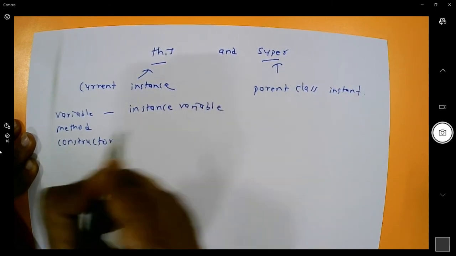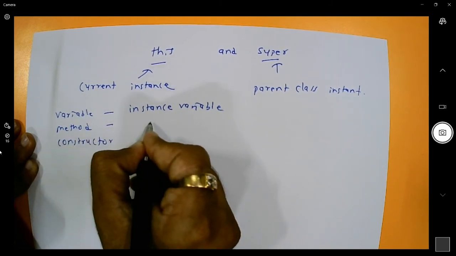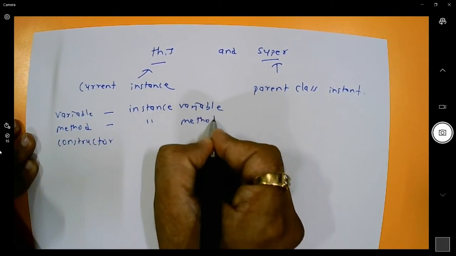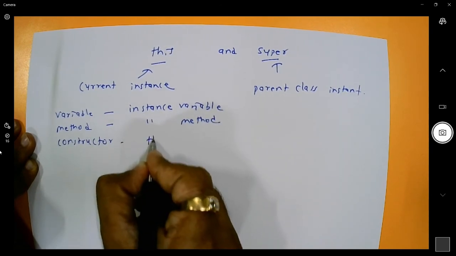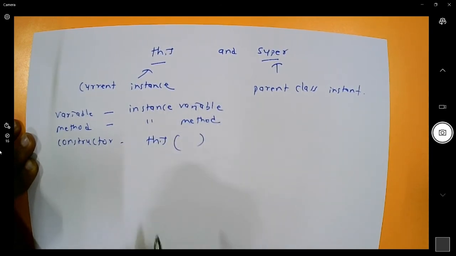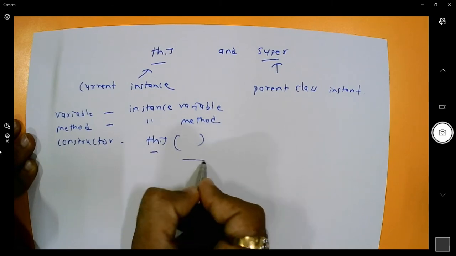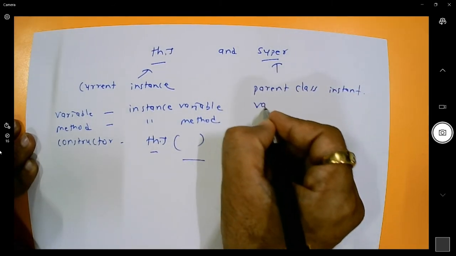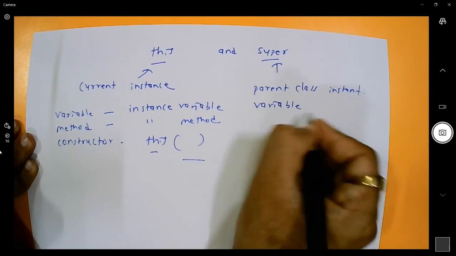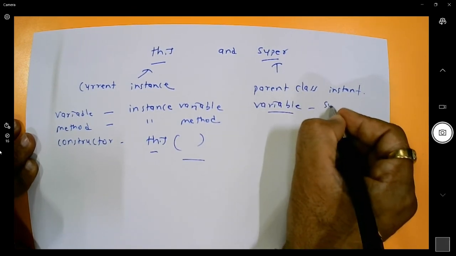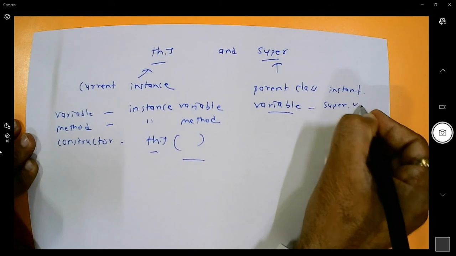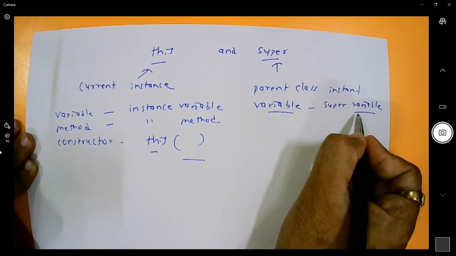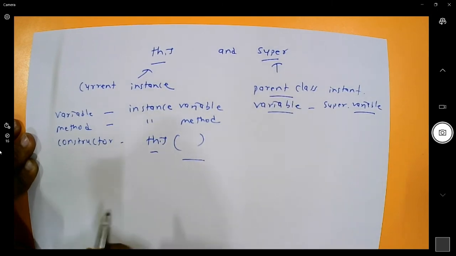If you write this.variable, you can access your current class instance variable. If you write this.method, you can access the current class instance method. If you write this(), you can access your current class constructor. Using super, you can access your super class variable. If you write super.variableName, you can access the instance variable of your parent class.